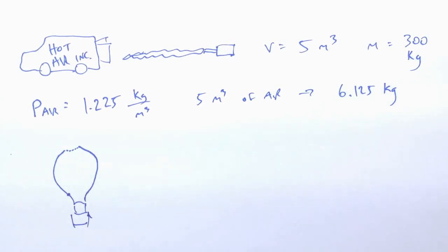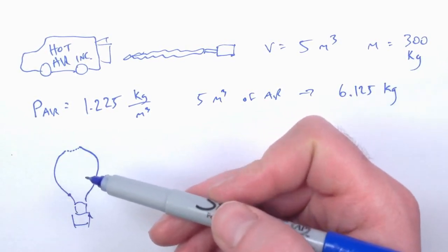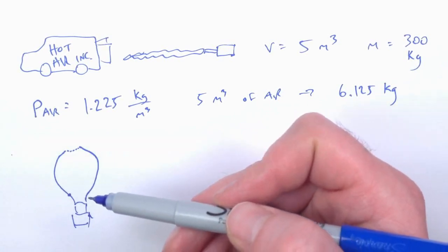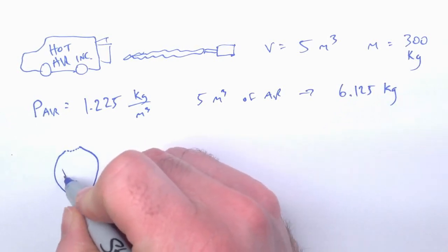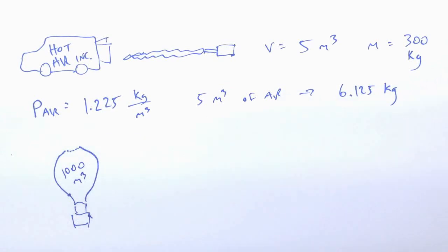Okay, so here is our inflated hot air balloon, and now the inside of this is full of air. Let's see, how big is it? Let's say it is 1,000 cubic meters. I know that sounds huge, but 1,000 cubic meters is just 10 meters by 10 meters by 10 meters.